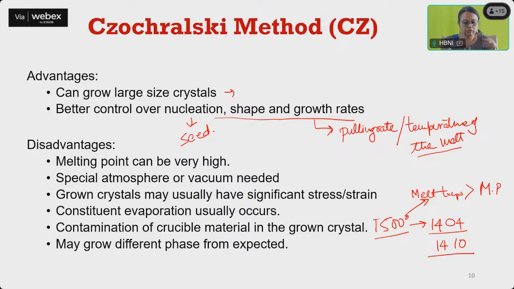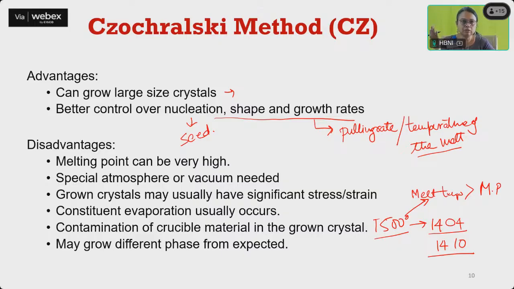Coming to the disadvantages of this method, the melting point can be very high. Not only silicon, we can grow sapphire, ruby, and a lot of technologically important materials. Nd:YAG crystal is grown. These materials all have a melting point of around 2000, 2500 degrees, and those temperatures can be achieved using the Czochralski method. Because we are going to such high temperatures, we may require vacuum.